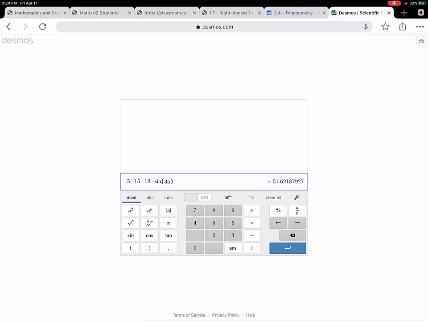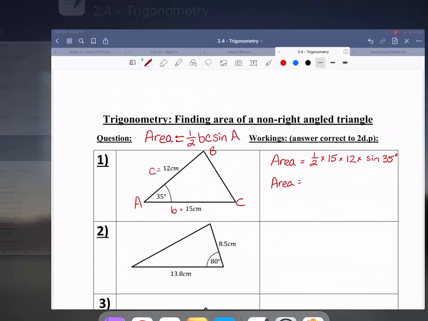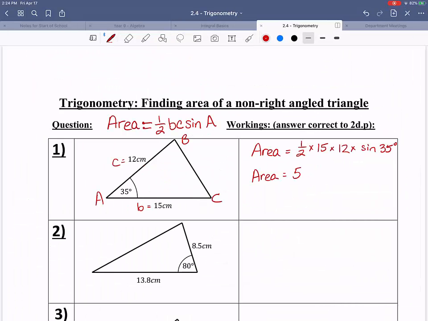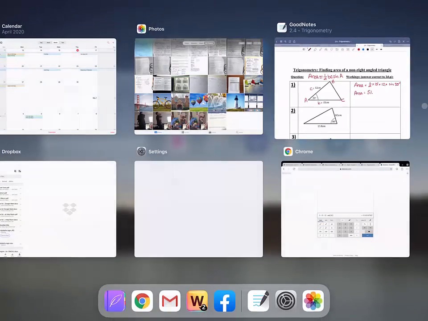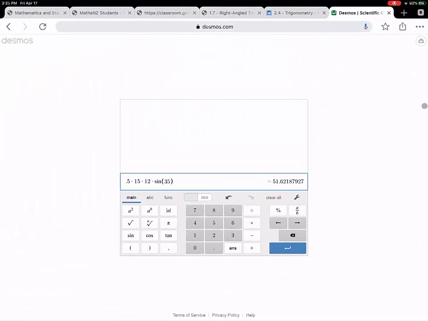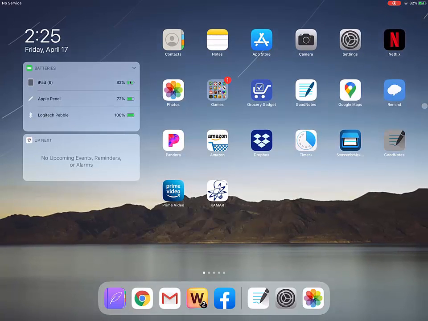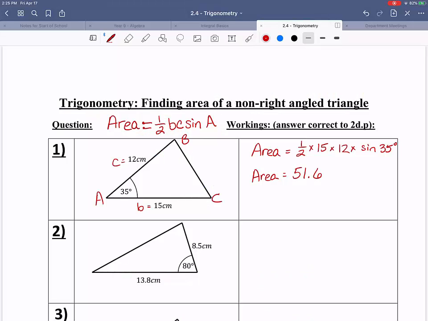Close my bracket. And there is the area, 51.6. So that will be my answer. It said 2 decimal places, so let's go look. 51.62. 51.62 centimeters squared.